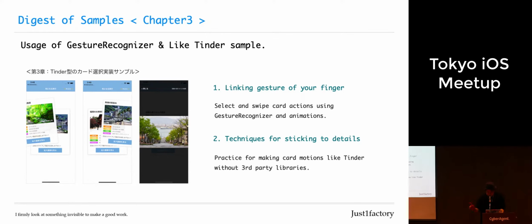Select and swipe card actions using gesture recognizers and animations. I use UIGestureRecognizer and connect UI protocol encode UIs, and techniques of sticking to all details. Practice of making card motions like Tinder without third-party libraries. In this sample, there are no UI libraries.